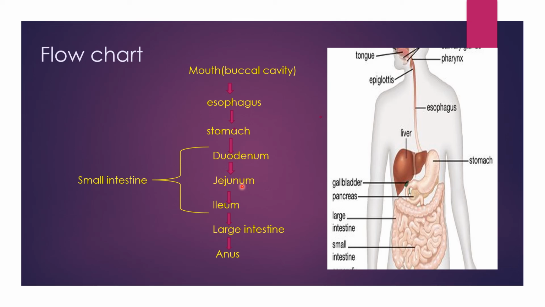Now after this, food will enter a very important section, the ileum. The ileum is very important because some villi structures are present. These are hair-like, or you can say finger-like, structures. When food enters the ileum section, these structures will absorb all the necessary nutrients from the food.